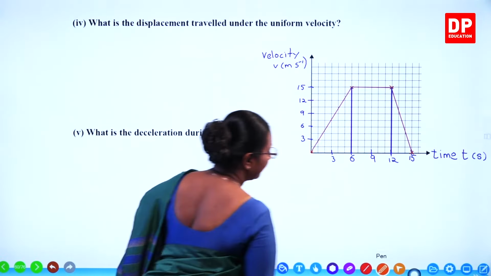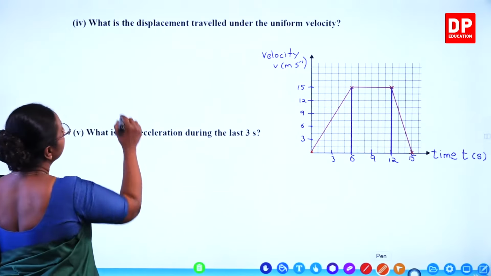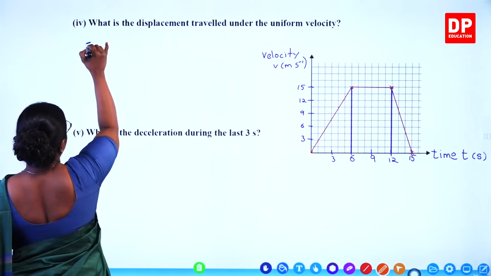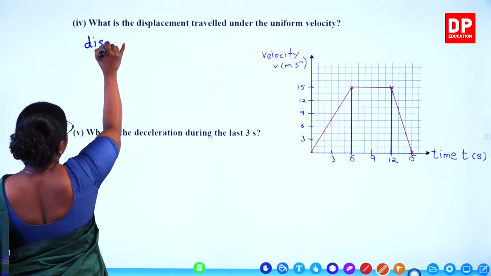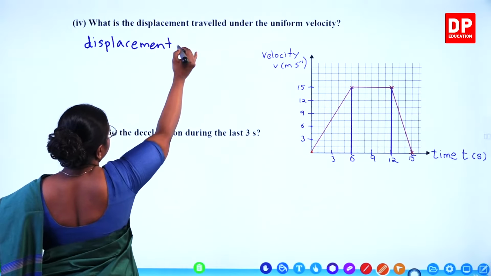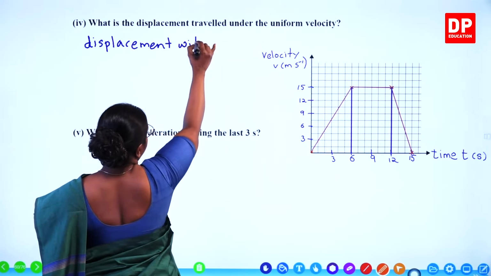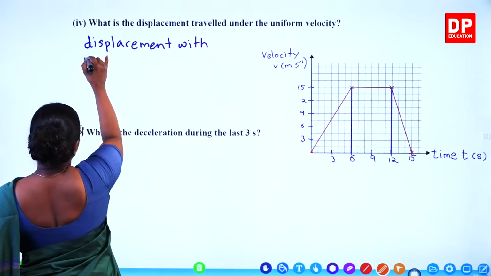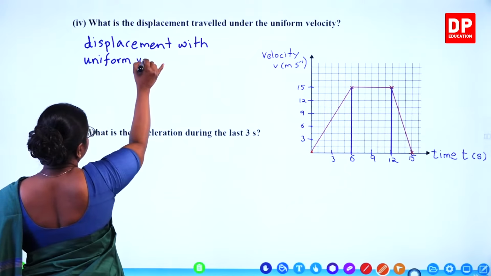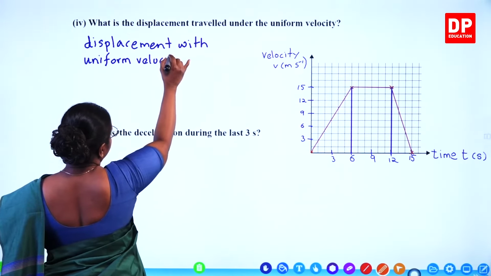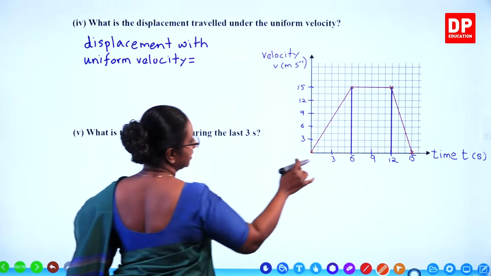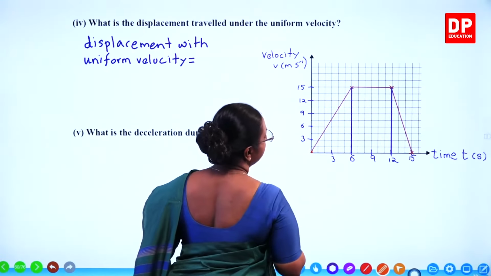So now we will calculate the displacement with uniform velocity. So if I say displacement with uniform velocity, that will be equal to the length into breadth.